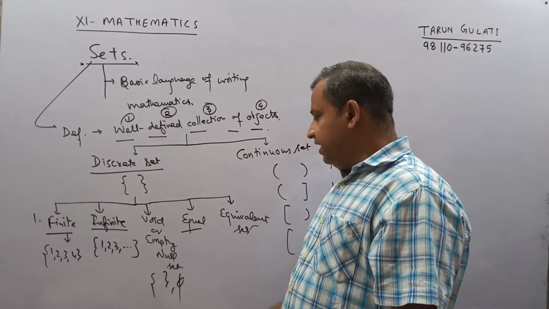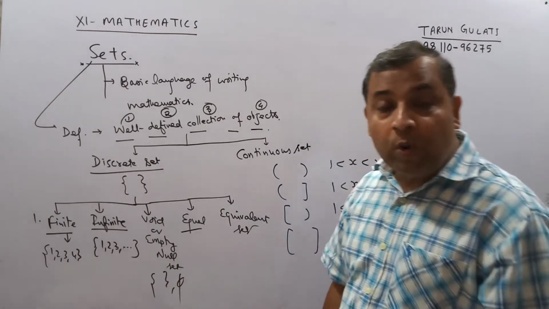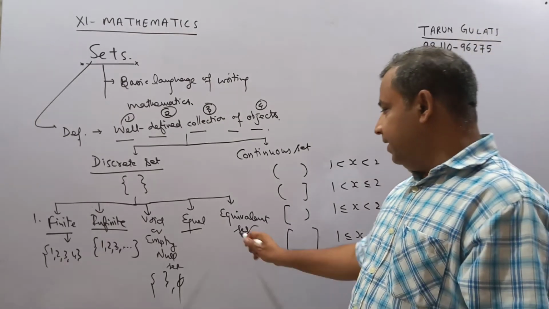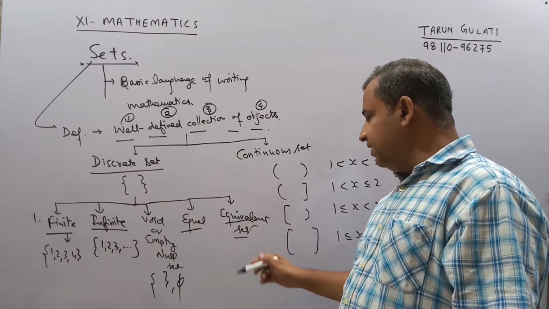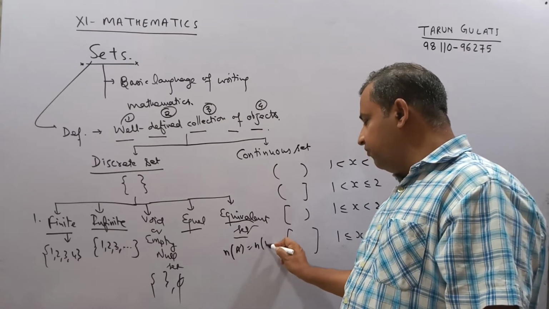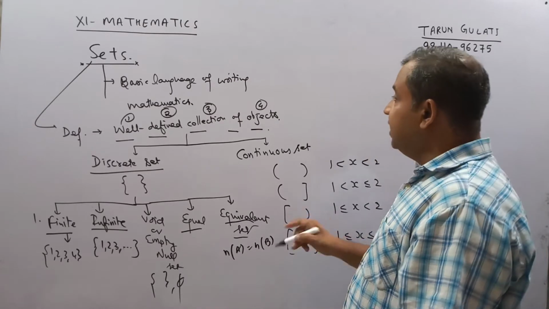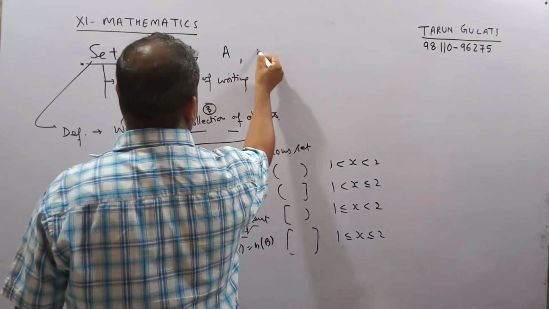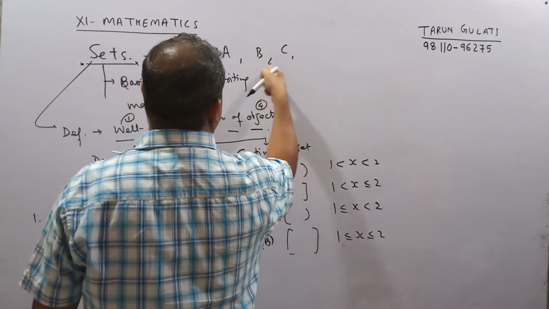Equal sets: any two sets are said to be equal if all the elements are the same. Equivalent sets: the number of elements in set A is equal to the number of elements in set B. Keep in mind, sets are always expressed in capital letters, A, B, C, whatever be the set.